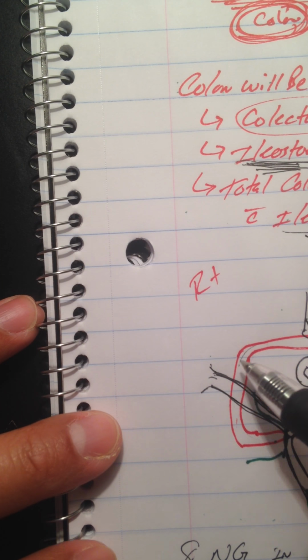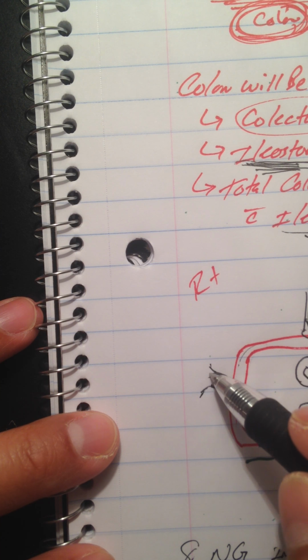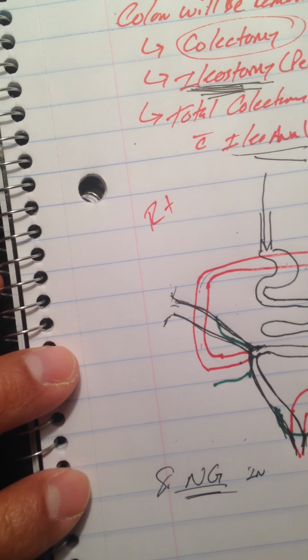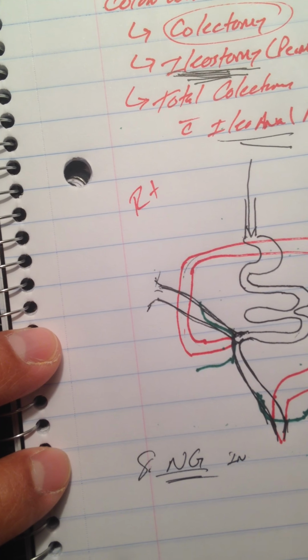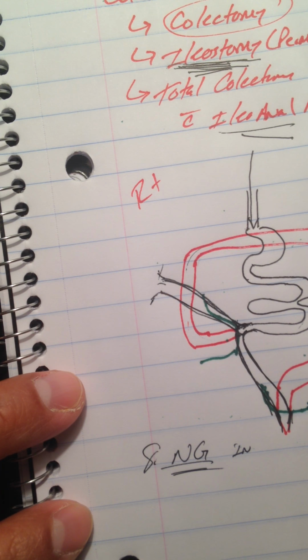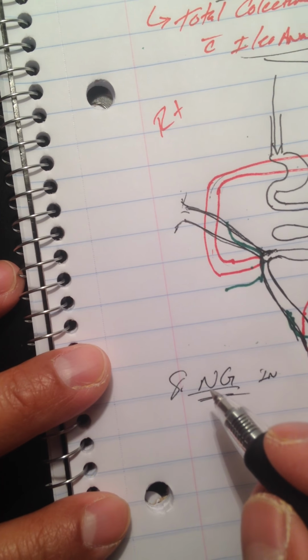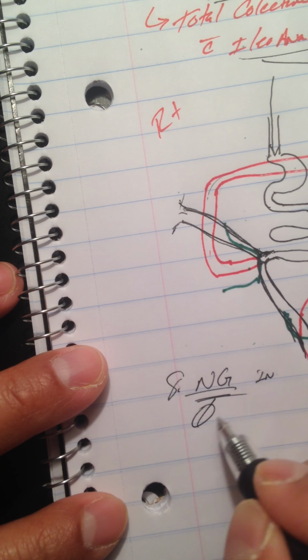Also, if there is an ileostomy in place, you want to make sure you clean that area with mild soap. Make sure that it is the appropriate color. If not, you need to report that to the physician immediately. Another thing that you want to tell your patient to do is to avoid smoking.